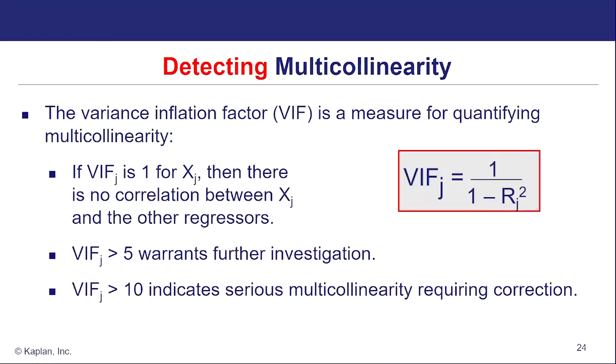So when you keep one variable as y and the rest as x, run a regression, get your R square for that regression, and that is used in this formula: 1 divided by 1 minus R square. As I said, if R square is 10%, then it becomes 1 divided by 1 minus 0.10, or 1 divided by 0.90, and that is 1.11.